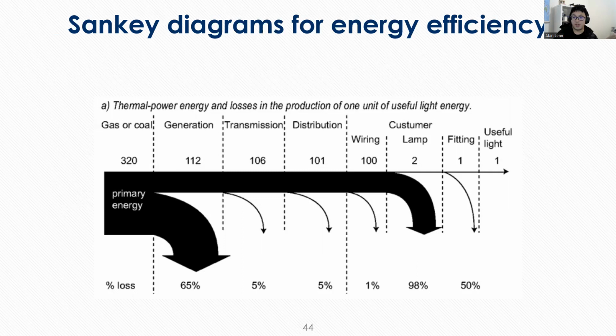Okay, so we're going to start with this example here. This shows the thermal power, energy, and losses to produce light from a light bulb.